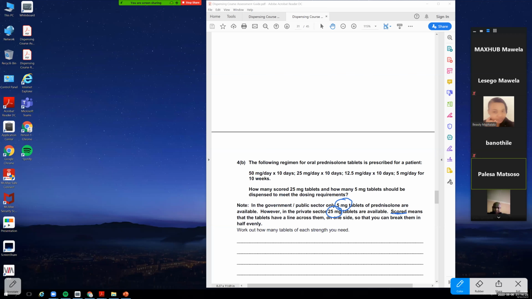So depending on the strength that you have, you would have to calculate the number of tablets for this patient. For example, if you're working in the private sector, you can use 25 milligrams. In the public sector, you just use 5 milligrams.